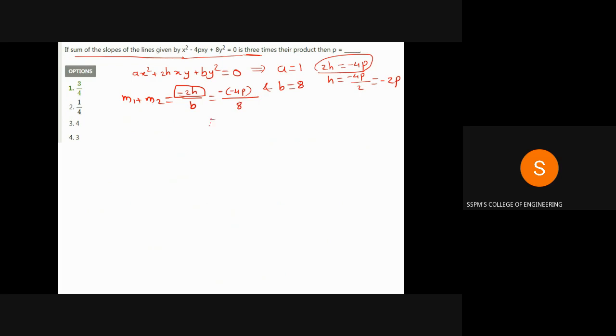So we get minus of minus 4p divided by 8, means 4p divided by 8, which means p divided by 2.